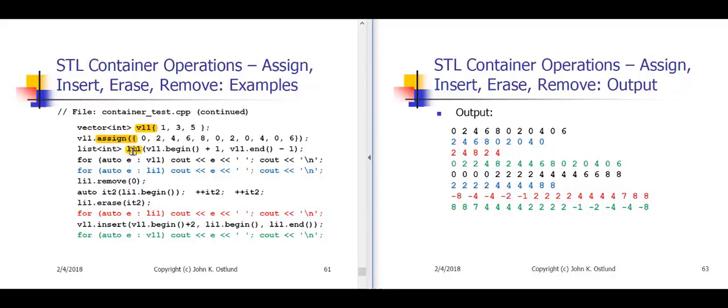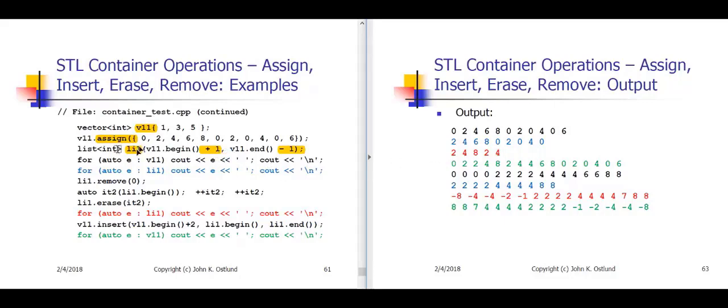Into the list of int li1, as initial values, I'm providing a subrange from v11. Since a vector of int has random access iterators, I can use addition and subtraction of ints with my iterators. v11.begin plus 1 is going to be an iterator 1 past the initial element of v11, so that's going to be an iterator for the 2. And v11.end minus 1 is going to be an iterator for the 6. That is, for the last element in v11.